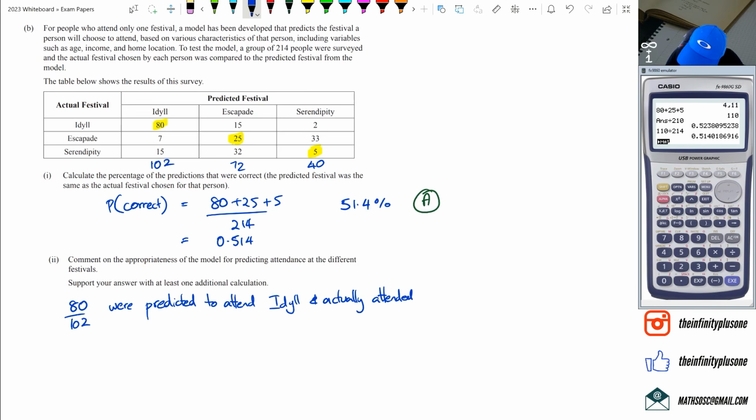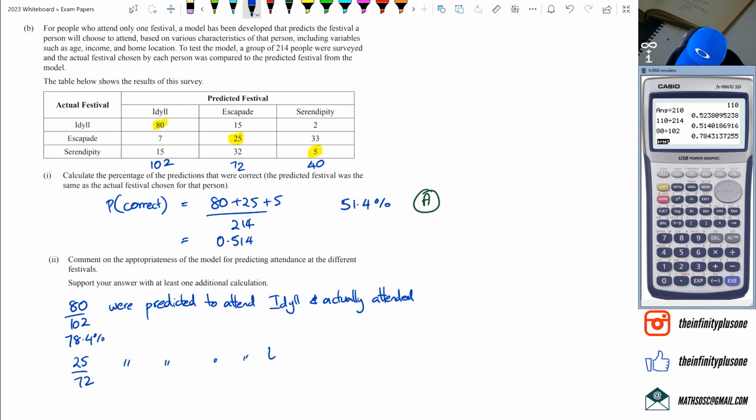We're going to put this as a percentage. So 80 out of 102 is 78.4%.